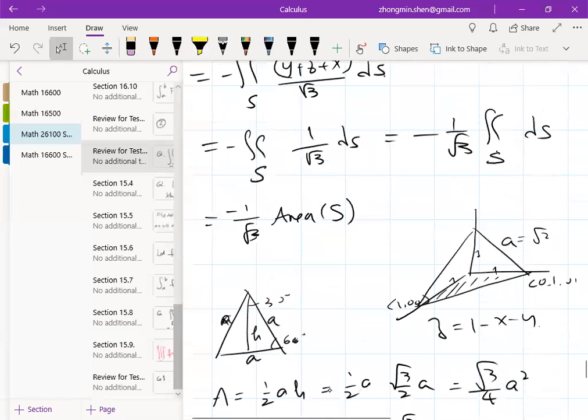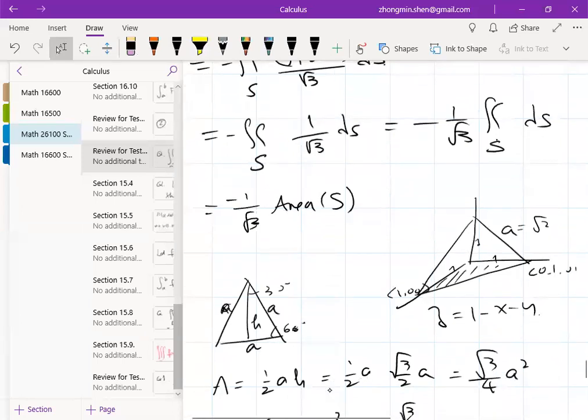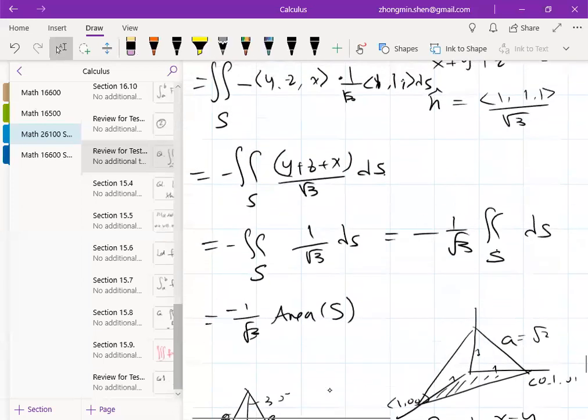So we actually do not parameterize this surface. The reason is it becomes the integral of constant 1, and all I have to do is find the area of this surface. I don't need to parameterize it.